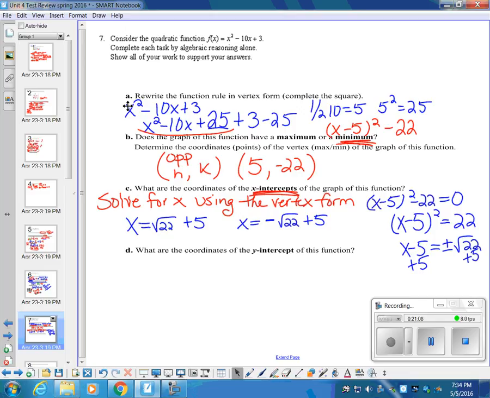And your answers, if you put the square root of 22 in your calculator, you get 4.69 plus 5, which gives you 9.69. We'll just do 9.7. On this side, if you do negative square root of 22 and add 5, you get 0.31.